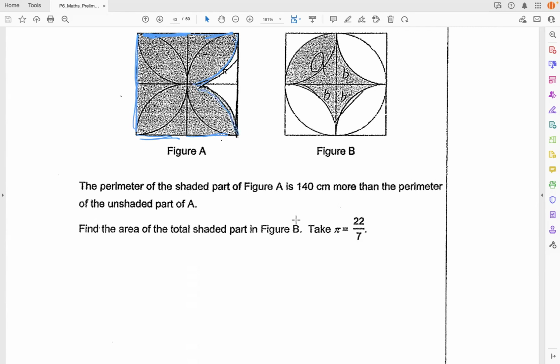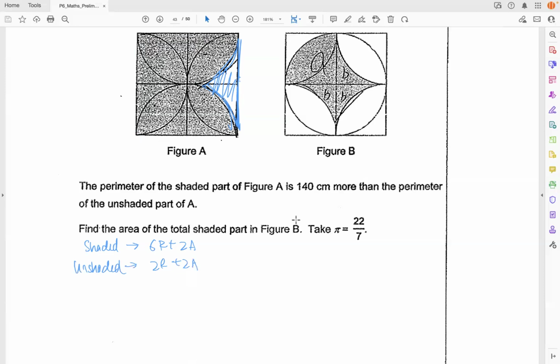So for the shaded, the perimeter is 6 radius and 2 arcs. Okay. Now, what about the unshaded one? Unshaded one is this portion. It's made up of 1 radius, 2 radius, and 1 arc, 2 arc. So unshaded, 2 radius and 2 arcs.